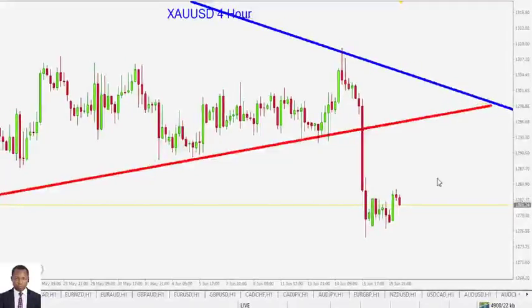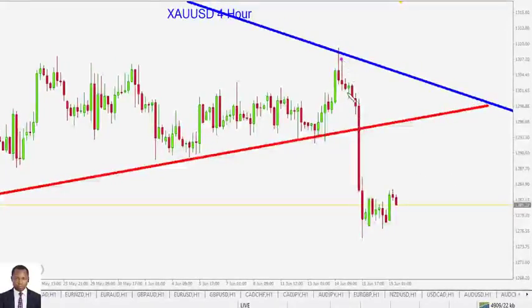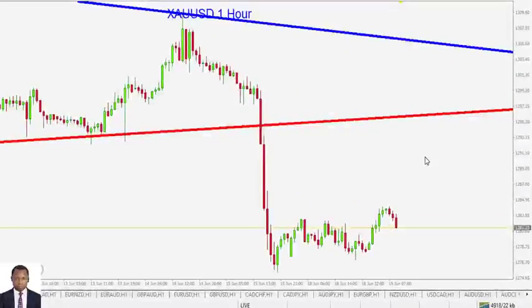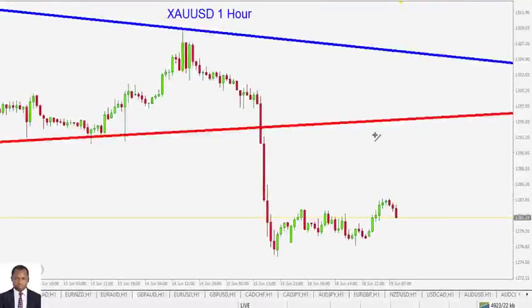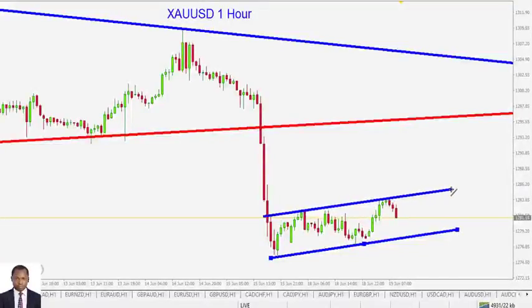4 hours time frame, nothing. That was a straight breakout of that level. So you might be seeing this little hesitation here in the 1 hour time frame. So in the 1 hour time frame, what do we have here? After that fall, some sort of a channel, right?